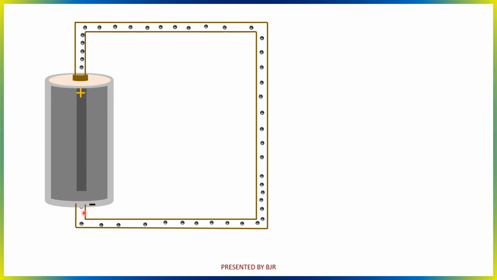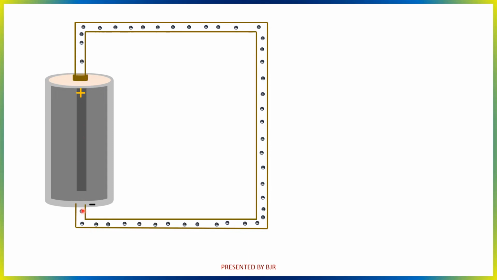Here electrons are moving throughout the conductor in this way. So electrons are moving from the negative terminal of the battery to the positive terminal. All the free electrons in the conductor are repelled by the negative terminal and they are attracted by the positive terminal.